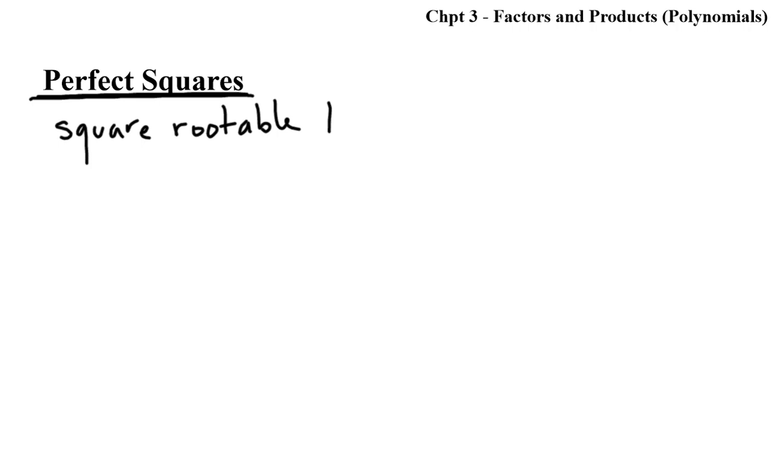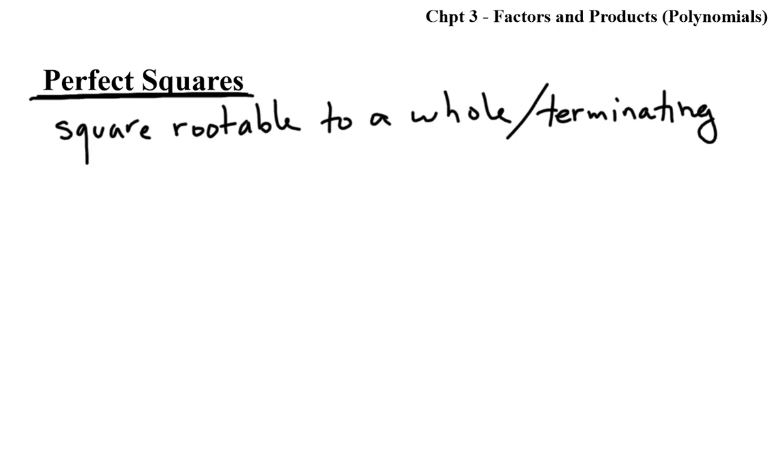So with perfect squares, instead of saying it's a perfect square, it's also what I refer to as a number that is square rootable to a whole, or a better term would be a terminating value. So if I wanted another perfect square, another perfect square would be 36.